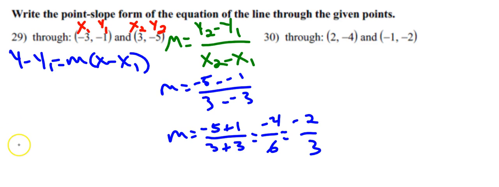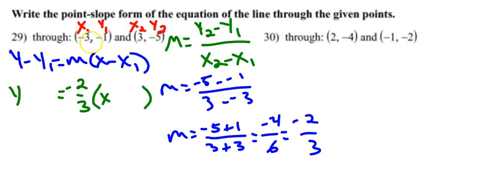So I'm going to get us going here, but I'm going to leave it not quite finished. I'm going to leave blanks. y equals negative 2/3 x. Now I need to plug in, pick either point. It doesn't get any easier. So I'm going to go with this one on the left. I'm going to use the x1 and the y1.